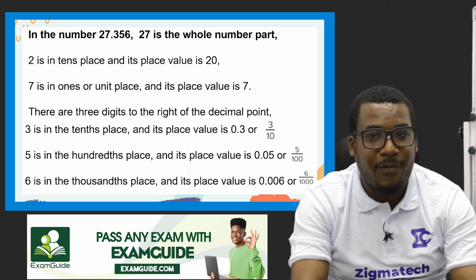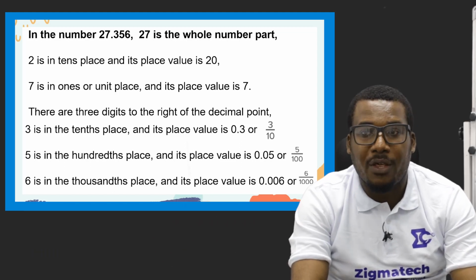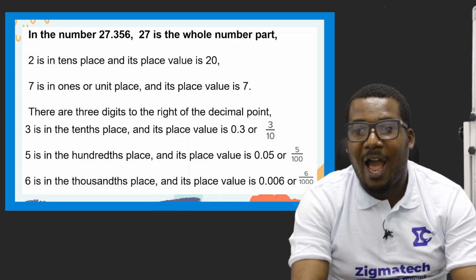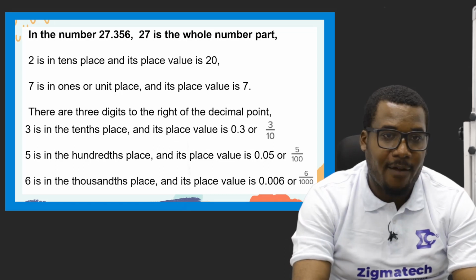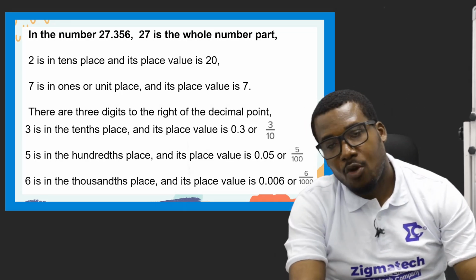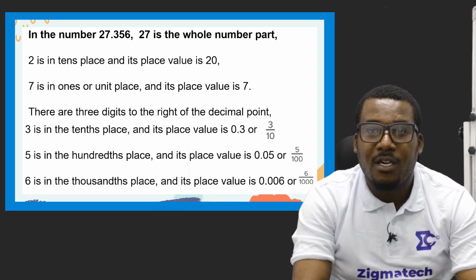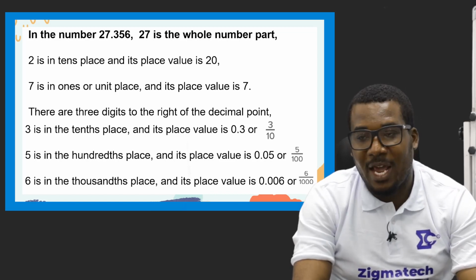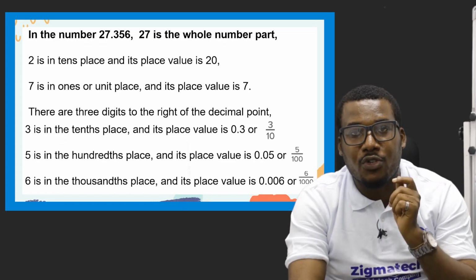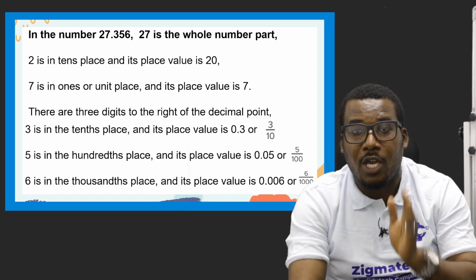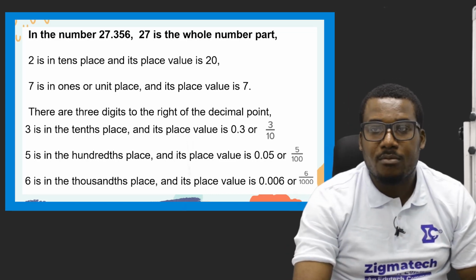The next one is 5, which comes after the 3, and the 5 is the hundredth place, and its place value is 0.05 or 5 over 100. Finally, the 6 immediately after the 5 is the thousandth place, and its place value is 0.006 or 6 over 1000.